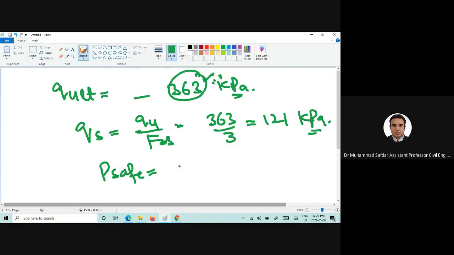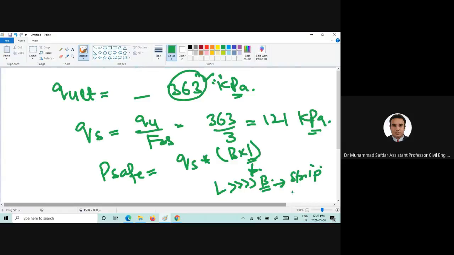Now you do the calculation, you can say that it's B into 1, and that one is chosen because the length of the footing is very much greater than the width of the foundation, because we are having a strip footing here, and this will give us 145.